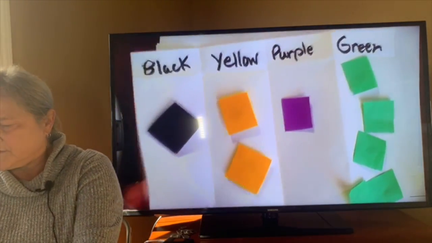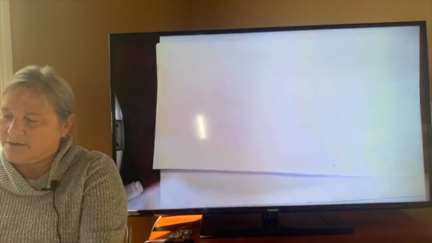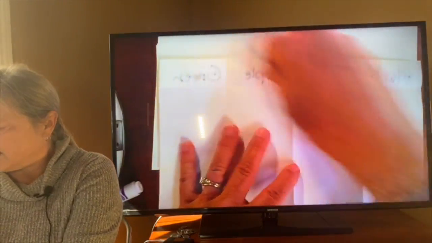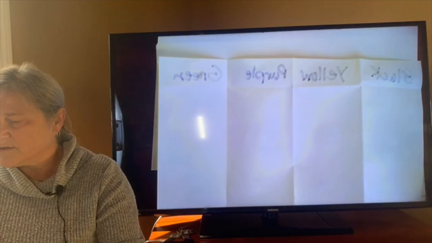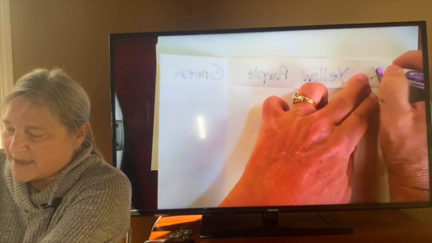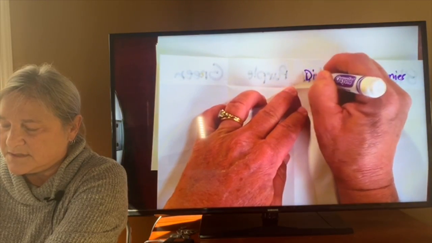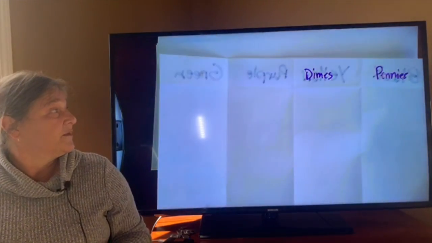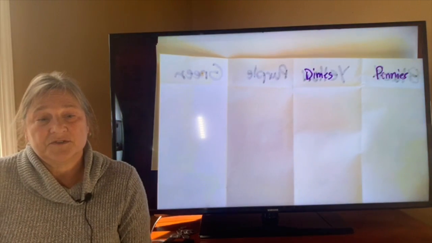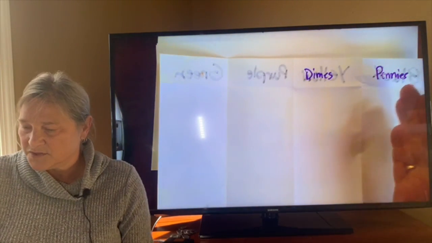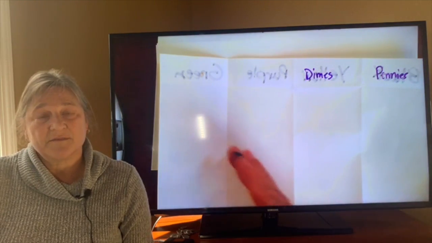In first grade, I'm going to turn it over and just make new categories. In first grade, they need to know pennies and dimes. This is kind of cool because we could use this trading game with pennies and dimes, because how many pennies does it take to make a dime? So we'll do the trading game just like we used to.